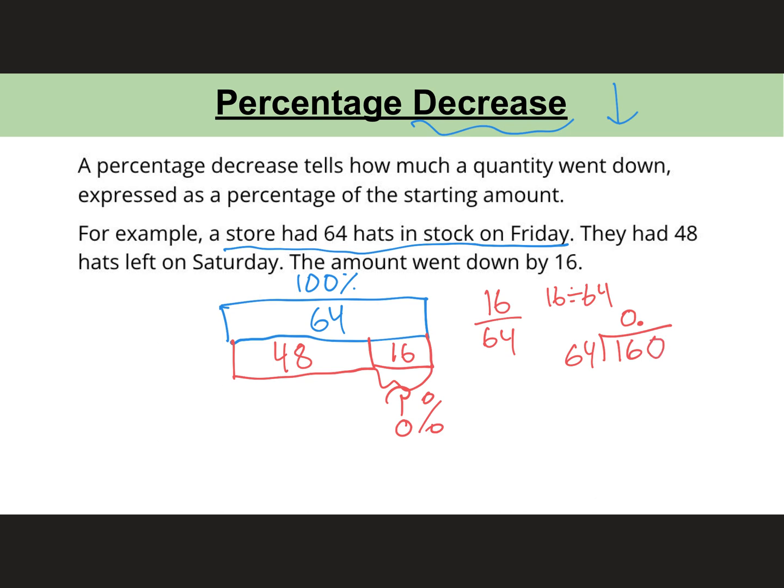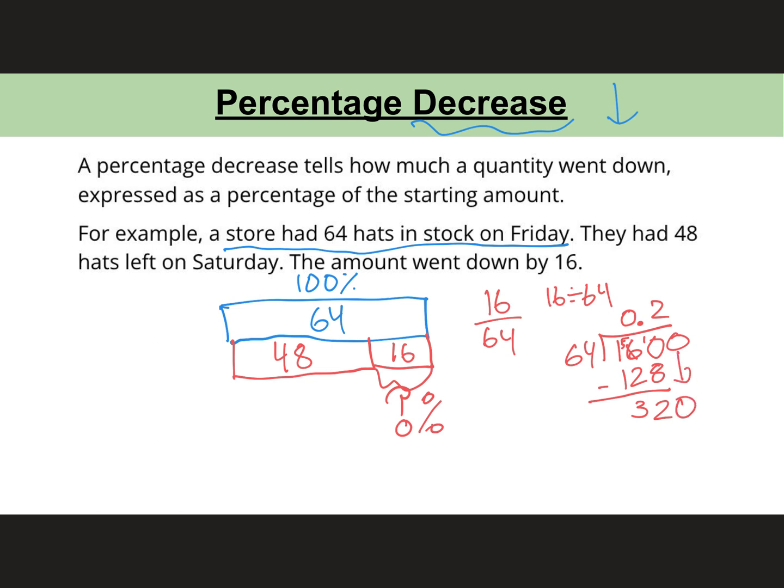I add a 0 here, and I think, how many times does 64 fit into 160? It fits in 2 times, and 64 times 2 is 128. I subtract. That becomes a 5, 10, so 2, 3, 320. It's 320 because I'm going to bring down this 0.